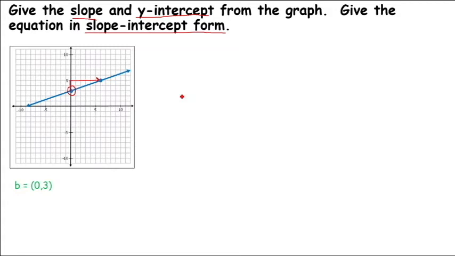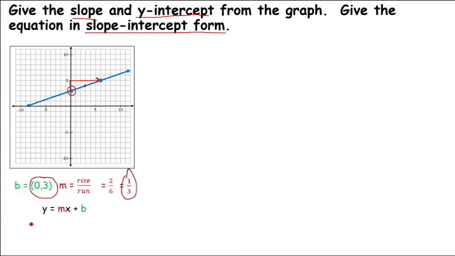Can you calculate that? Well, the rise divided by the run in this case is a rise of 2 and a run of 6. Or in simplest form, a rise of 1 and a run of 3. You can see here if I rise 1 and run 3, I still end up with a dot on the line. Once I know my slope, 1/3, and I know my y-intercept, (0, 3), it's very easy for me to give a slope-intercept equation.